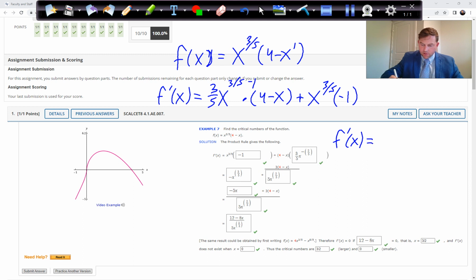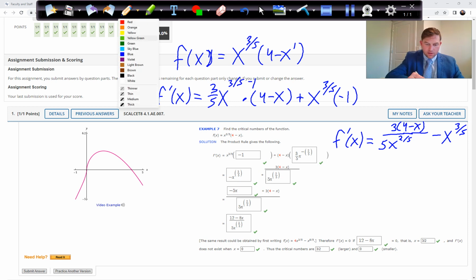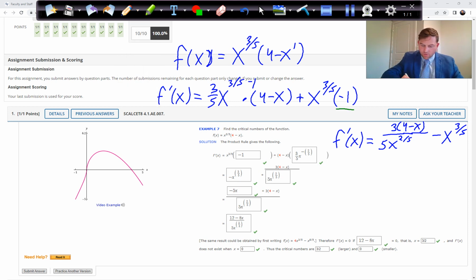So we end up with 3 over 5 x to the 2/5, and then it's going to be 4 minus x on top, and then this one's just going to be minus x to the 3/5. So let's see, what did they want? They wanted this minus 1 here, and they wanted the 3/5 x to the minus 2/5. They wanted that part here.